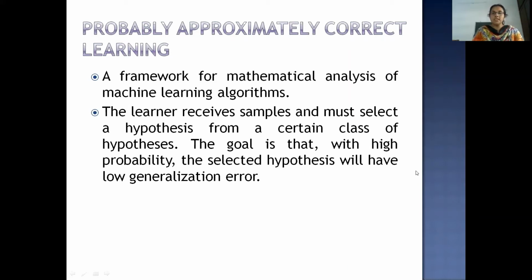The goal is that with high probability, the selected hypothesis will have a low generalization error. Actually, we are trying to see how good the selected hypothesis is for a general concept.